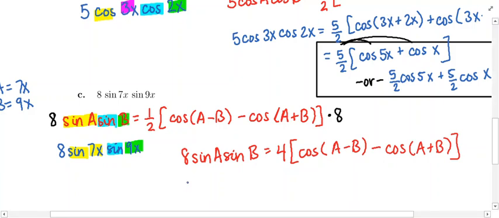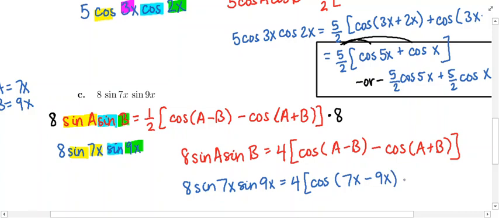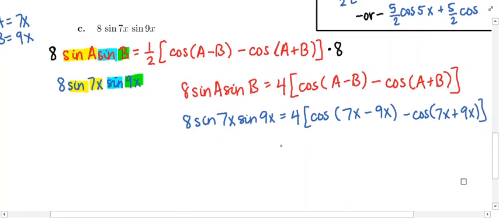So here we go. Our expression is 8 times the sine of 7x times the sine of 9x. That's going to equal 4 times all of the cosine of A, which is 7x, minus B, which is 9x, minus the cosine of A, which is 7x, plus B, which is 9x. Let's simplify here. I'm going to leave the 4 out for now.